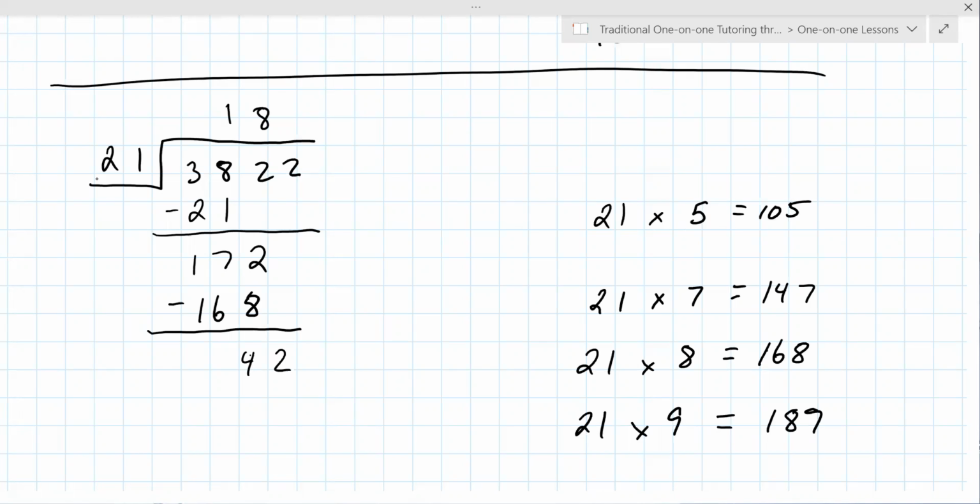Okay, so I got that. What is the final number? What I got is 184, and the remainder. Whoa, hang on. Isn't it 21 into 42? Oh, right.